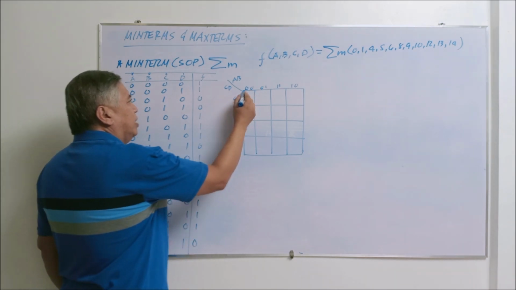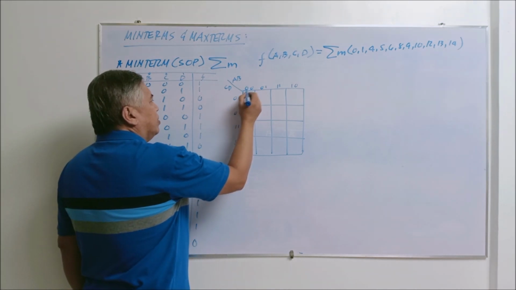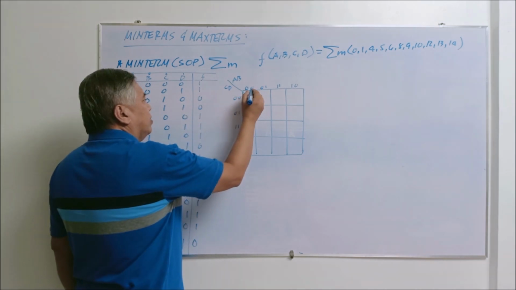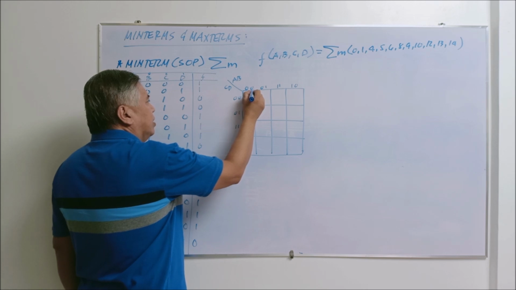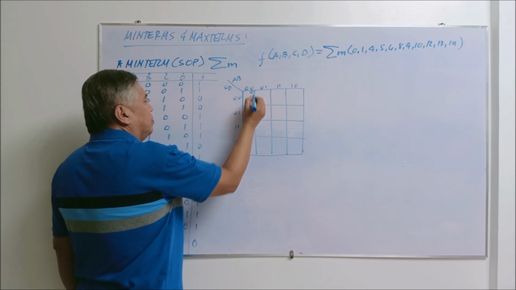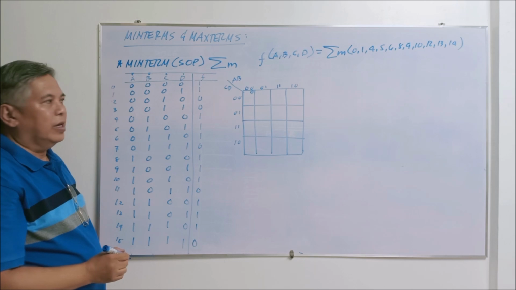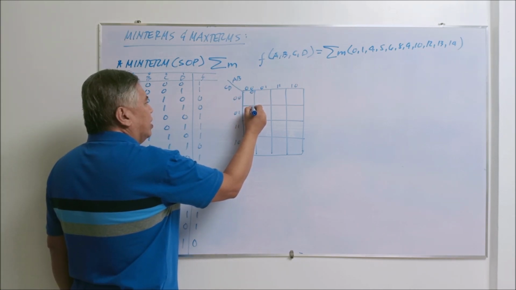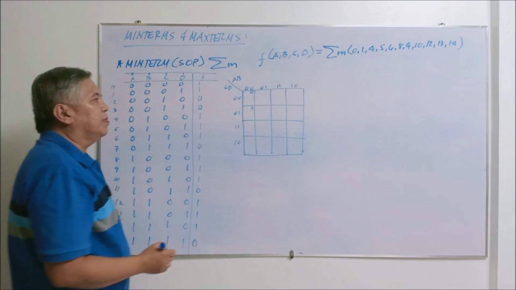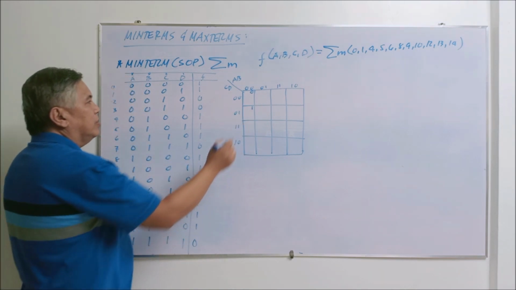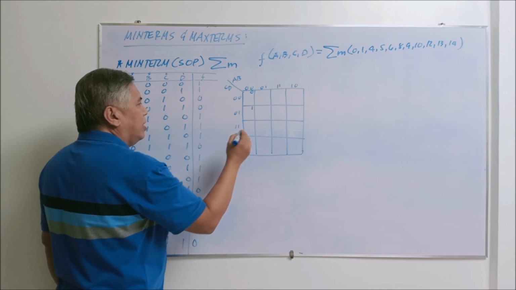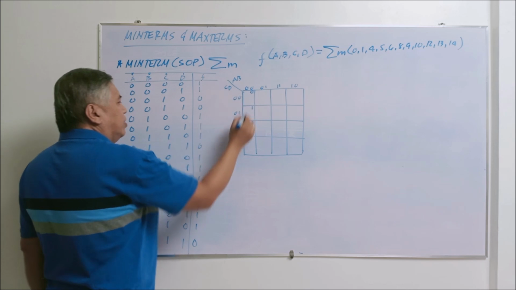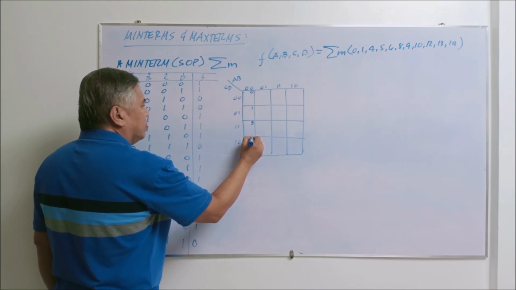Now, this cell here belongs to 0, 0, 0, 0. In decimal number, that is 0, so you place a 0 at the topmost part of your cell. This one here, 0, 0, 0, 1 is equivalent to 1 in decimal form. Then 0, 0, 1, 1 is 3. And then 0, 0, 1, 0 is 2.